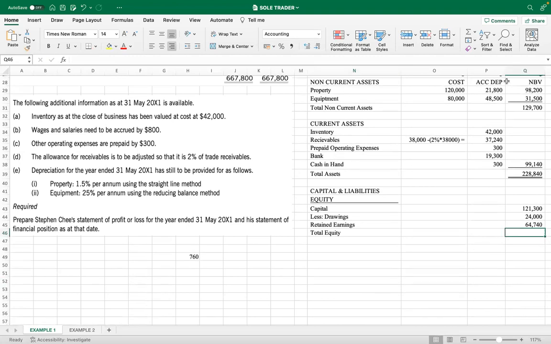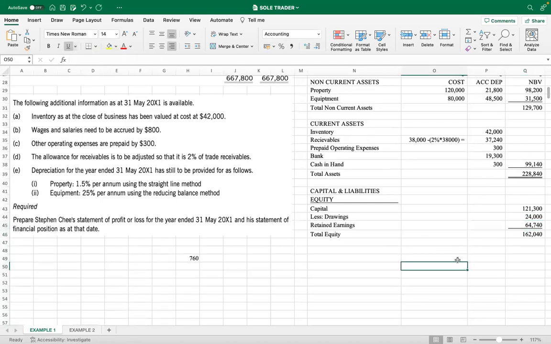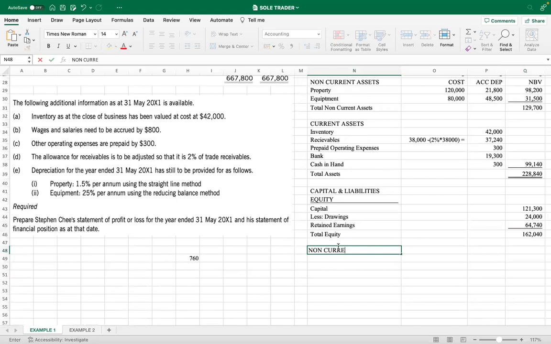Our total equity equals capital minus drawings plus retained profits. So it gives you 162,040. And then after that, we go to non-current liabilities.